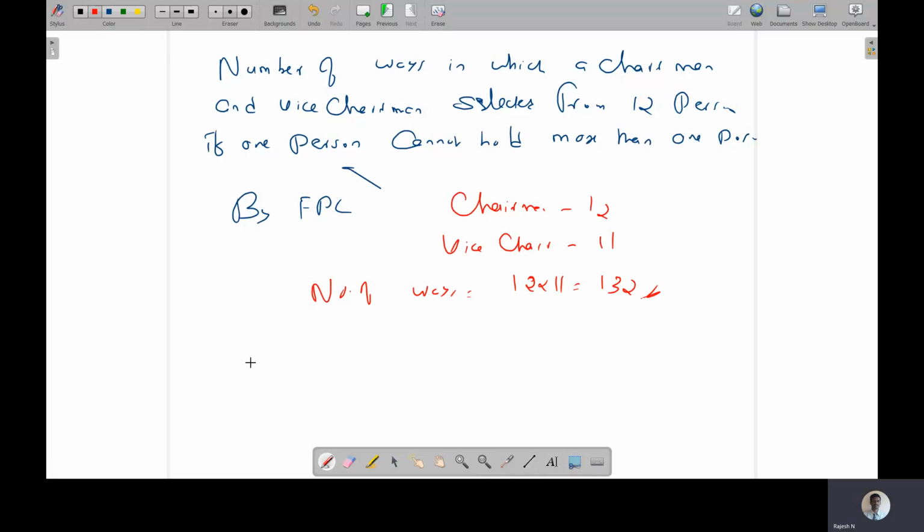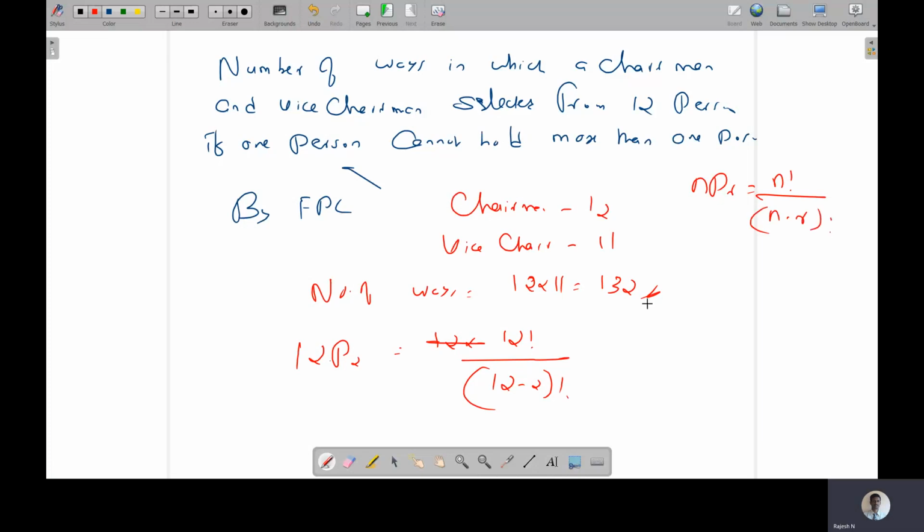Now, if you use the permutation formula, we have to select how many persons? 2 persons from 12 persons. For 2 persons from 12 persons, how many ways? 12P2. 12P2 means 12 factorial by (12 minus 2) factorial, because nPr is equal to n factorial by (n minus r) factorial.